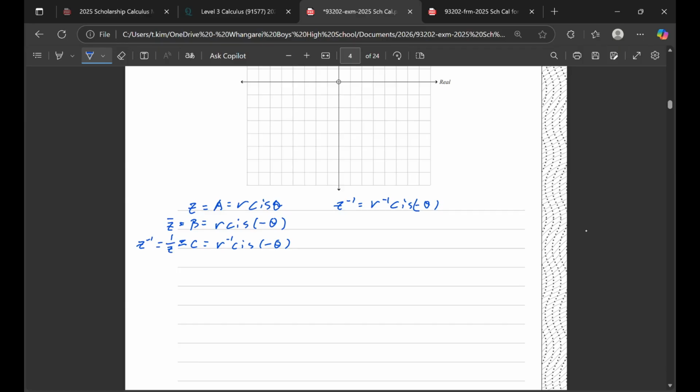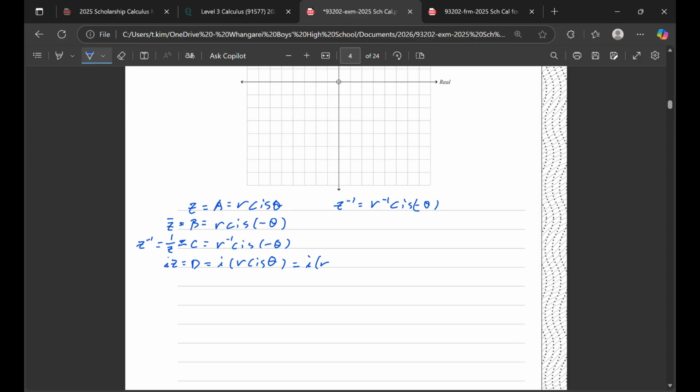Now, iz. So iz is D. This is a bit hard. That is i times r cis theta, which means i times r.